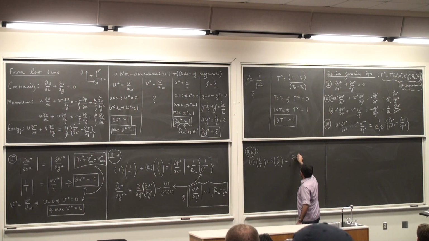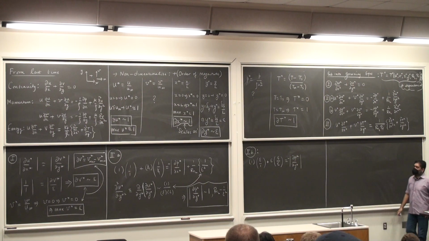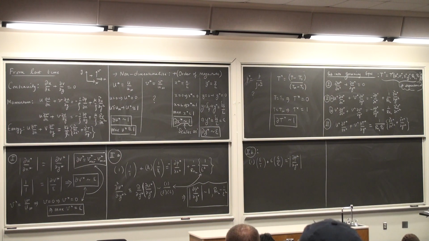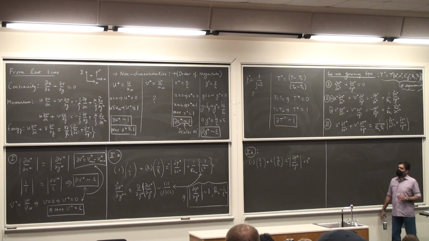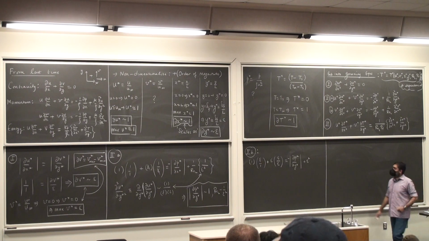Scaling of dp star by dy star. You can put a negative sign if you want. Not really needed. 1 by Reynolds number, so that scales as epsilon square. And then d square v star by dx star square.